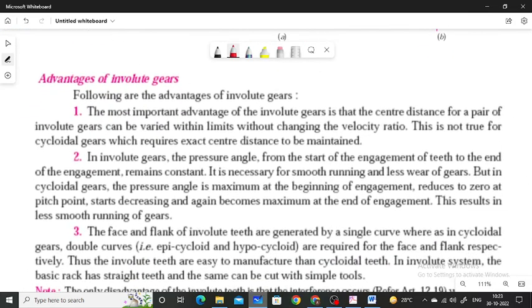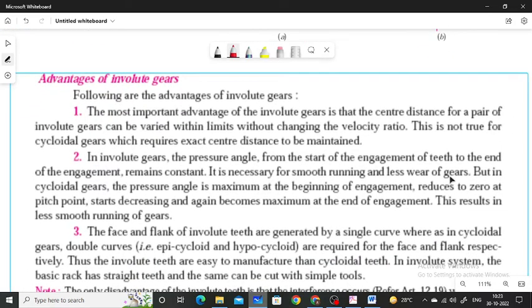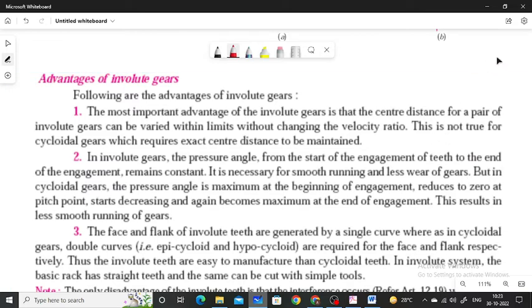Now the advantages of the involute gears. तो फर्स्ट एडवांटेज है इनवॉल्यूट गियर का, the most important advantage of the involute gear is that center distance for a pair of involute gears can be varied within limits without changing the velocity ratio.